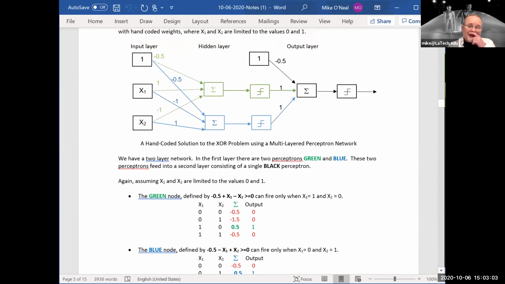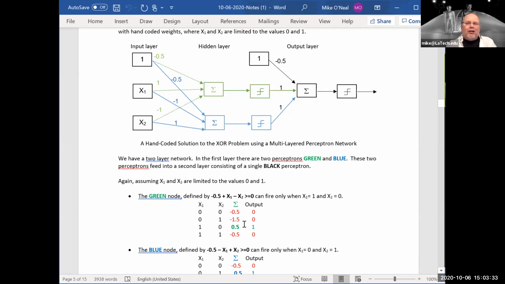Let's see if we can trace that through Mr. Green here. So when x1 is a 1 and x2 is a 0, this is a -1 weight, so x2 is a 0, so that's going to be off. It's not going to do anything. This is a 1, so 1 times 1 is 1. So the 0 from here plus the 1 from here plus the -0.5 is going to give you a 0.5, and it's going to fire.